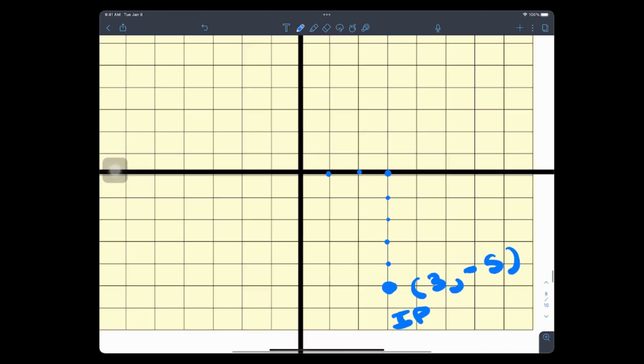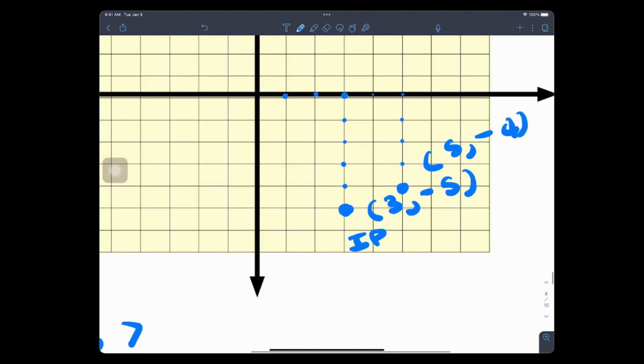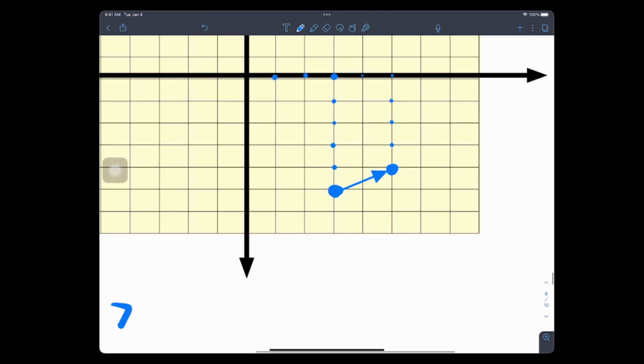So you go, okay, where's 5, -4 at? Well, we're going to go to the right. 1, 2, 3, 4, 5. And then go down 1, 2, 3, 4. There we go. Now, maybe you don't need to list the addresses if it starts to get a little cumbersome. But now connect your what? Connect your points with an arrow. That is the vector V they're talking about.